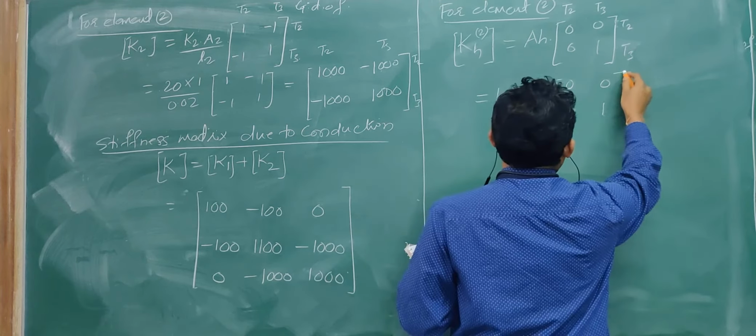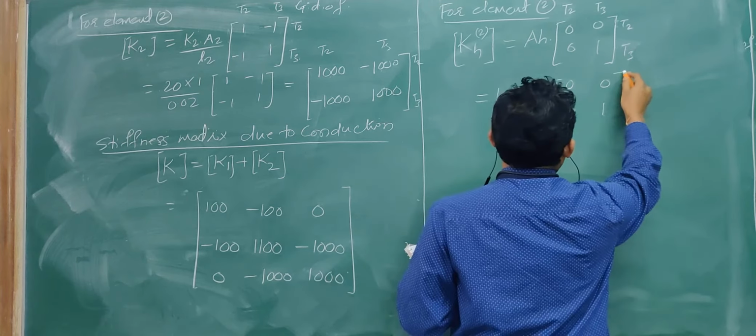Now I'll write the global stiffness matrix due to conduction and convection. Therefore K dash is equal to K plus KH.